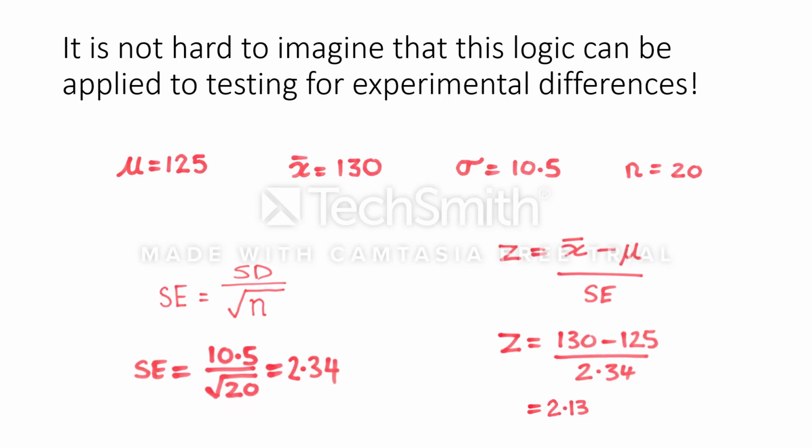It might be that if you were to do a piece of research and you had two groups of people, one group of 20 people who don't take ginkgo biloba and another group of 20 people that do take ginkgo biloba, you could take the averages of those two groups, subtract them from each other, and then divide by some error measurement, and then that would start allowing us to apply some of the logic around normal distributions and z-scores to experimental design and research.